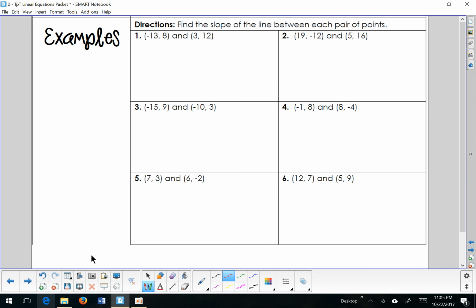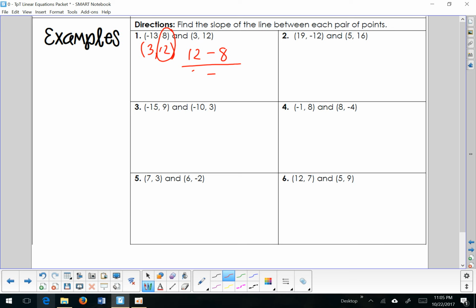So let's take a look at some of the examples on your worksheet. Again, I find it easiest if you write the numbers, one on top and one underneath, and immediately circle your y values. My second y is 12. The formula has a minus sign in the middle, right? My first value is 8, and now I move on to my x's.